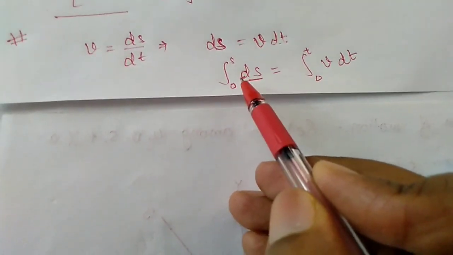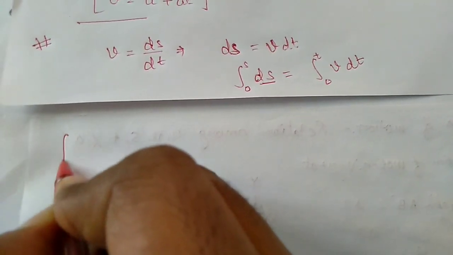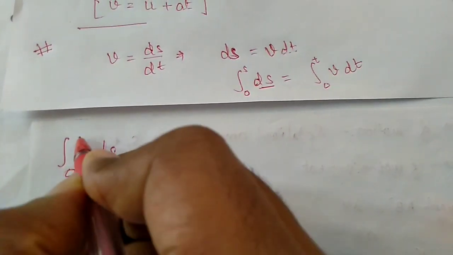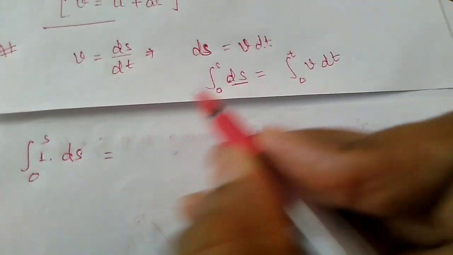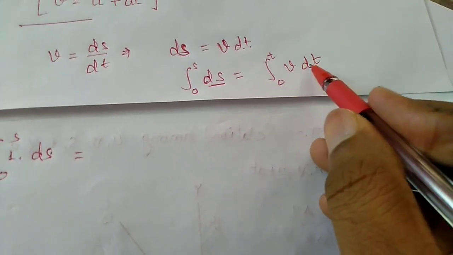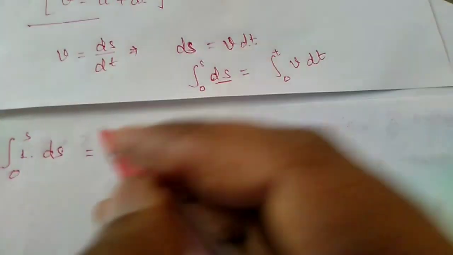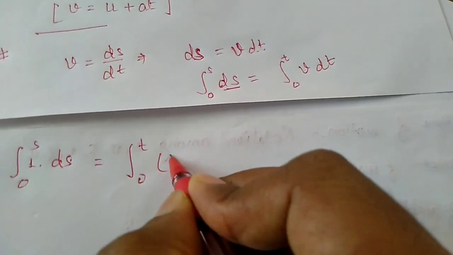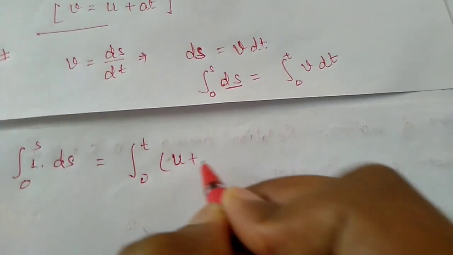So here there is nothing else, so we can write integration of 1 ds from 0 to s is equal to, we can say here nothing related to time. But v can be split into two forms, that is integration from 0 to t of v, where v is equal to u plus at.